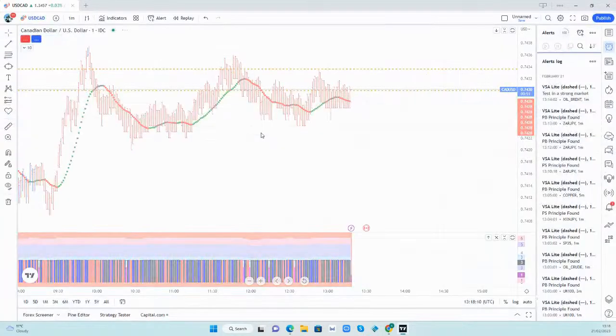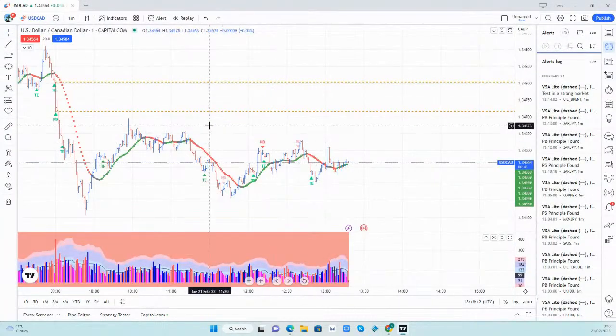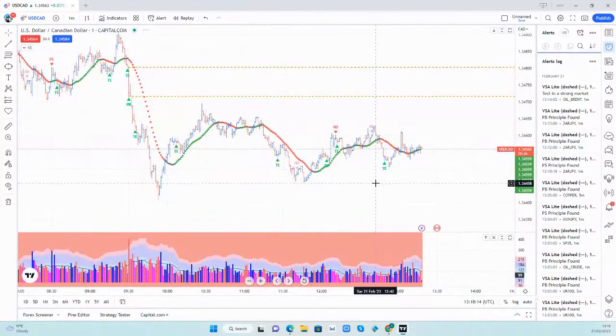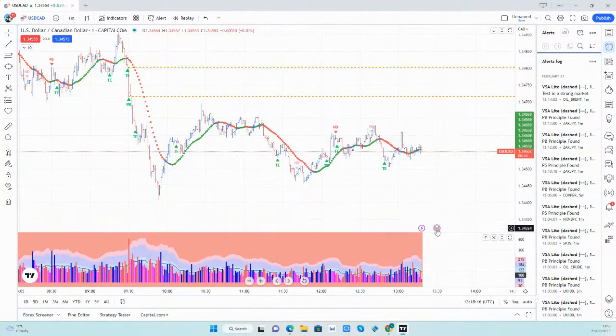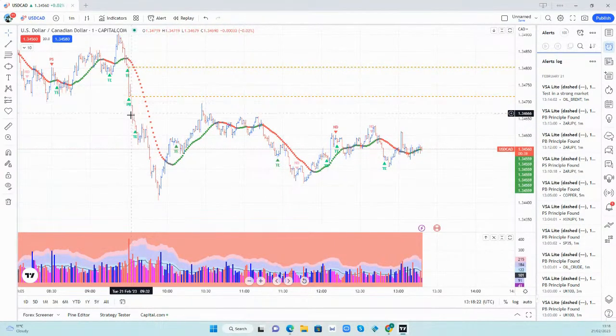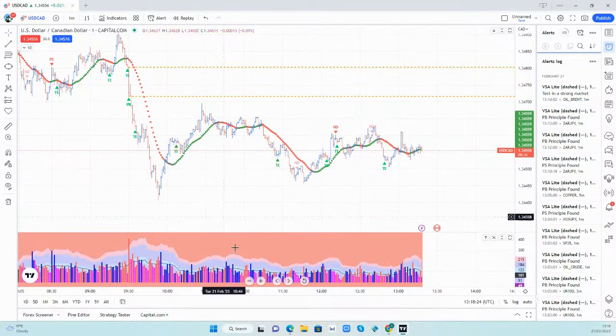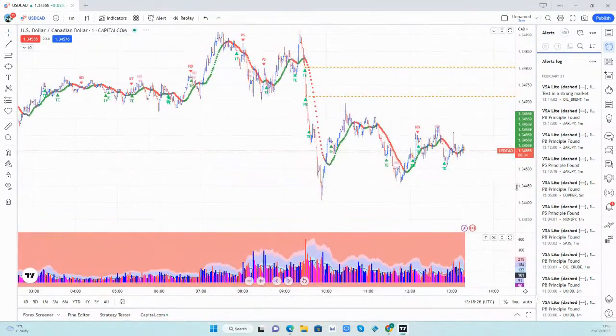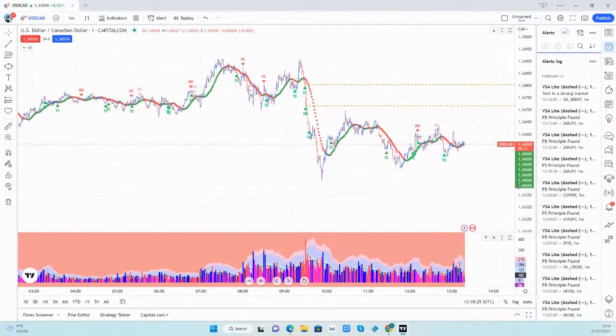Yeah, that's better. Okay. And now, look, it's gone sideways. The news coming out. No demand. All the tests have failed. Potential professional buying has failed. This is going to go lower. In the news, it's going to go lower.